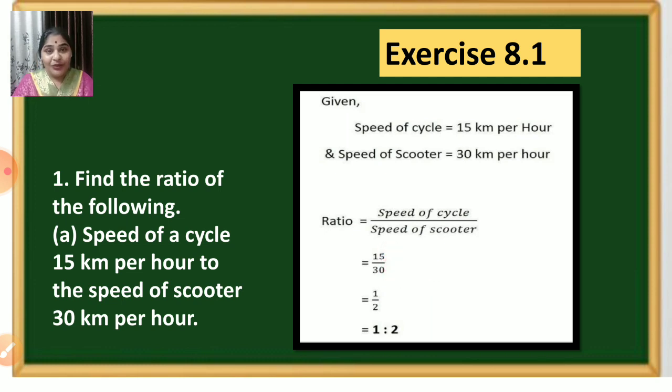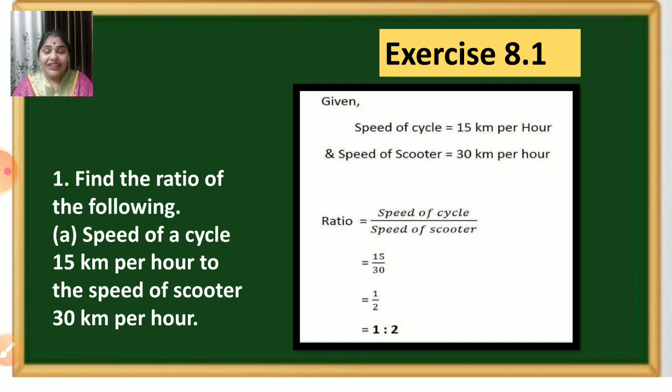When you solve this, 15 ones are 15 and 15 twos are 30. So when you divide numerator and denominator by 15 children, you will get 1 upon 2. That is nothing but the half, right? So 1 is to 2 is the ratio of speed of a cycle to speed of a scooter.